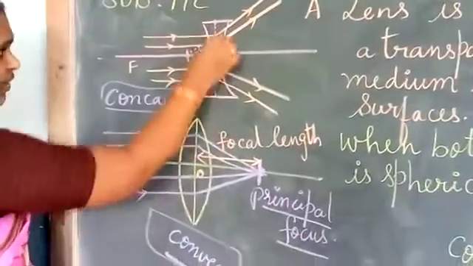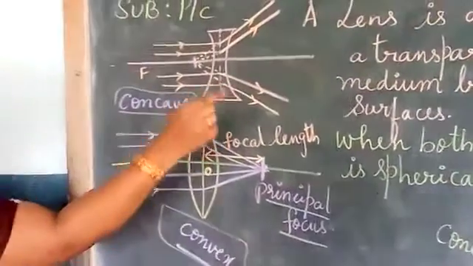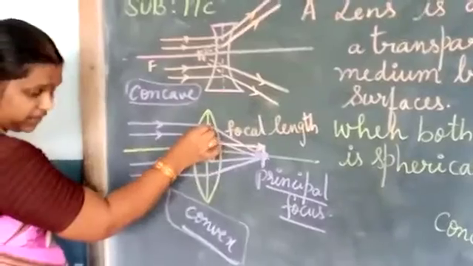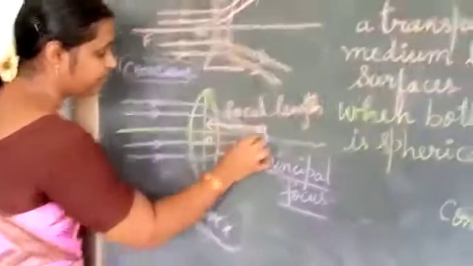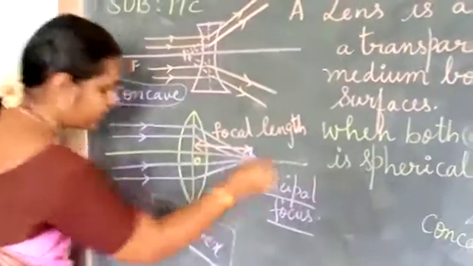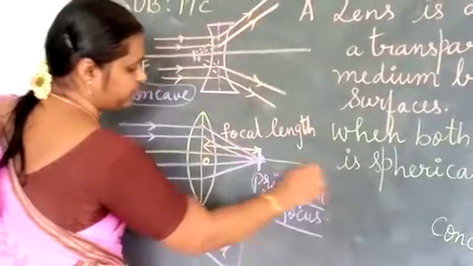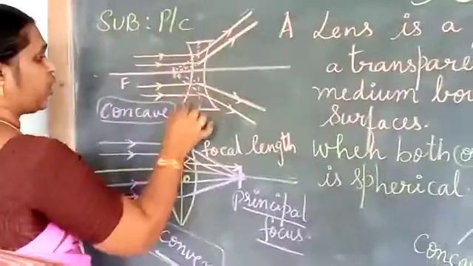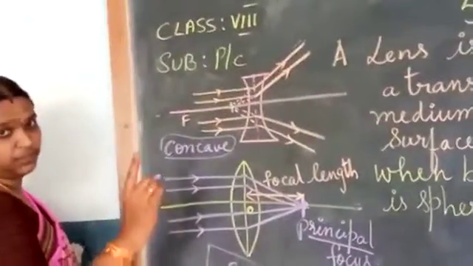Here, this is a convex lens. Convex is converging. The beam of light rays has fallen on the lens and all the rays have converged at one particular point on the principal axis. That point is the principal focus of the convex lens. Now coming to the concave lens, concave is diverging.